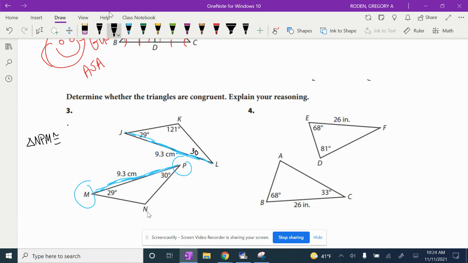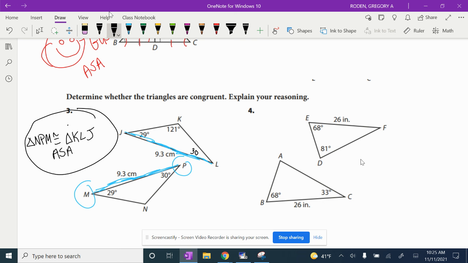You want to go KLJ. Triangle KLJ. You guys agree with that? And why can we say that, mystery kid? Because ASA, the ASA postulate. You guys see that? What about this one right here? What do you guys think about this one right here?